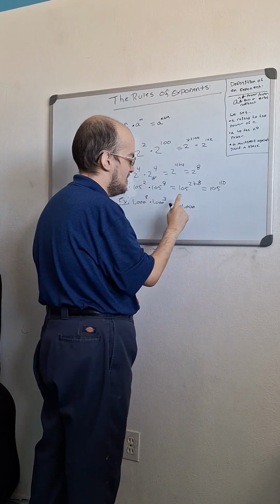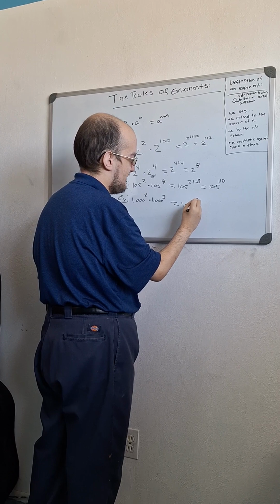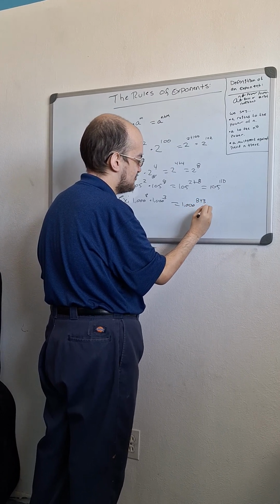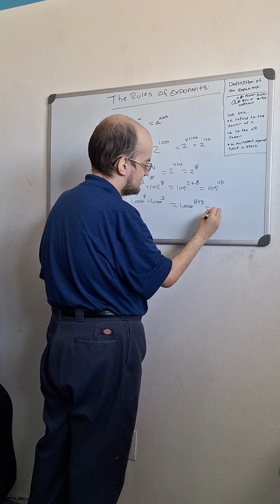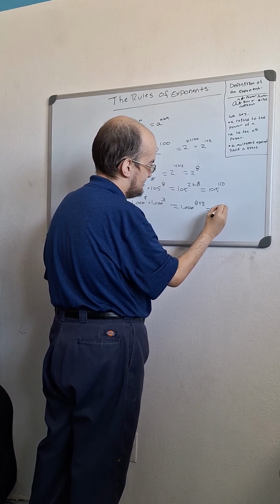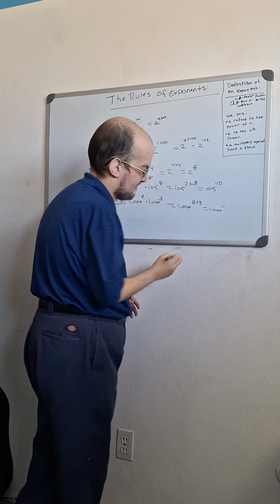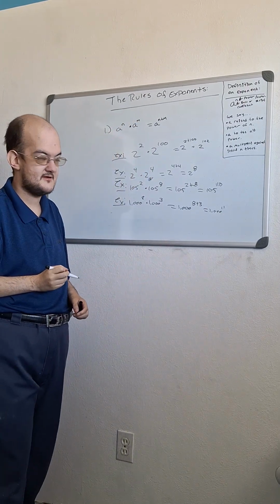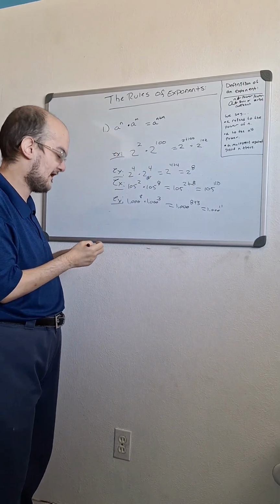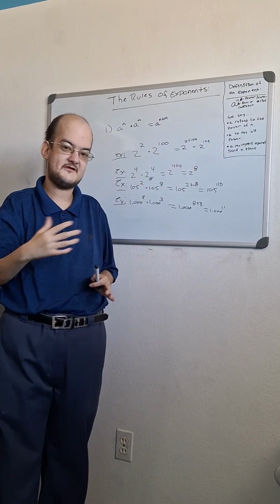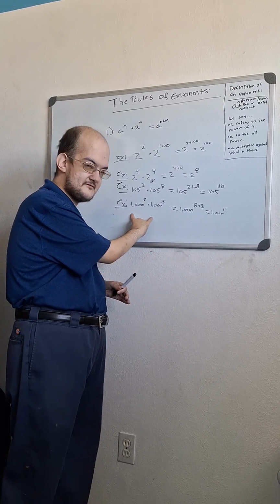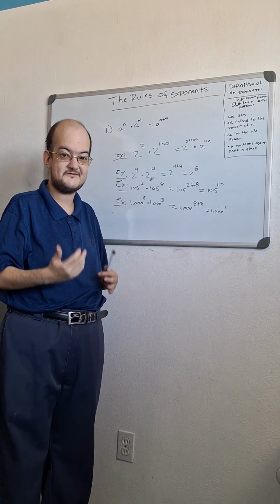So we're gonna do 1000 to the power of 8 plus 3, which is going to give us 1000 to the 11th power, to the power of 11. So you kind of see all these are not intimidating. Why? Because the bases are equivalent, or they're the same.